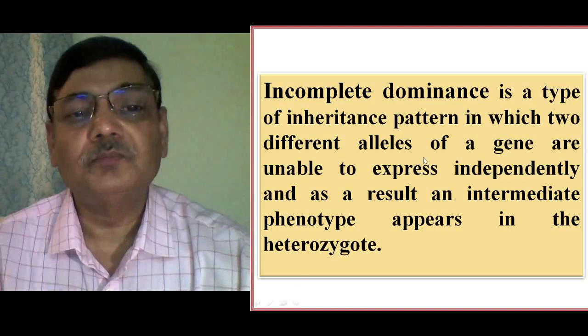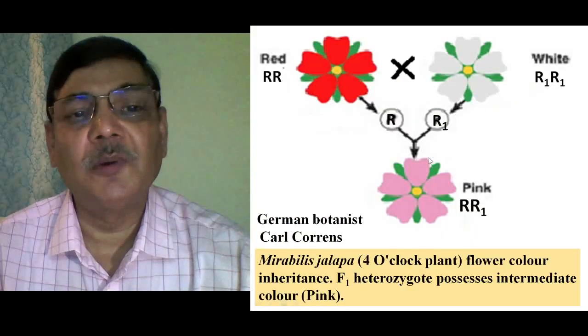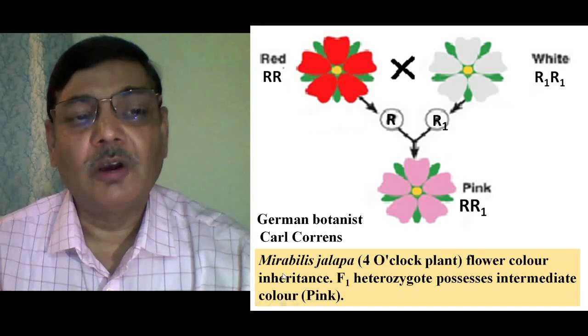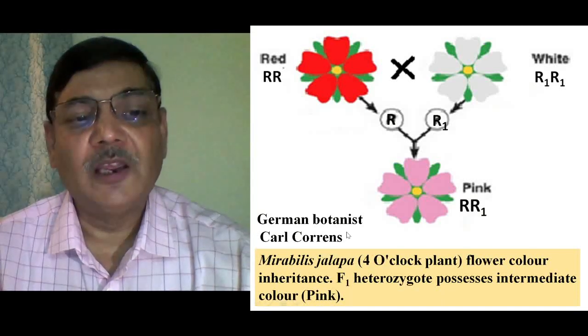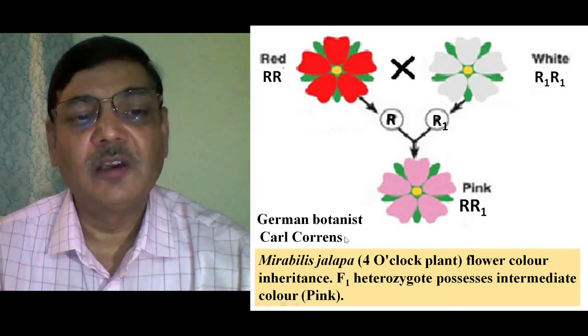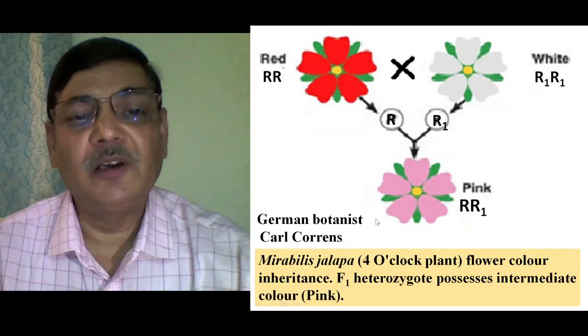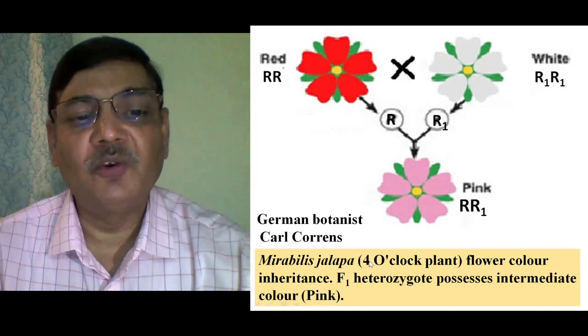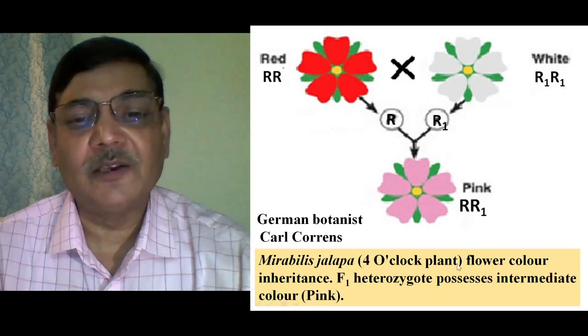So this particular phenomenon was actually explained by Karl Correns around 1900. Karl Correns explained the phenomenon of incomplete dominance in Mirabilis jalapa, which is popularly known as the 4 o'clock plant.